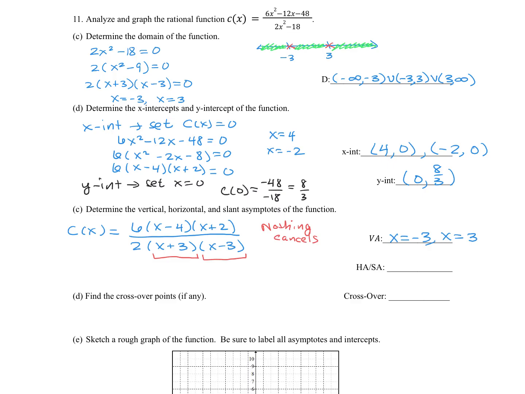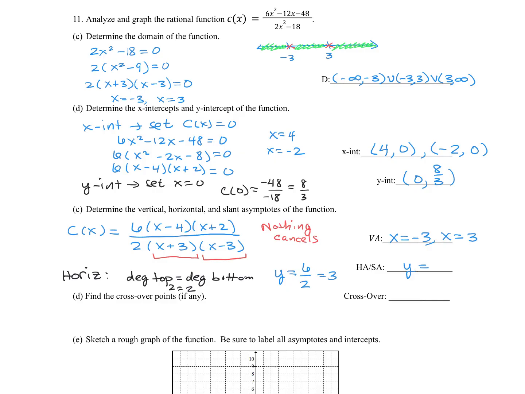Next up, let's do the horizontal. That comes from comparing degrees. The degree of the top, you notice, equals the degree of the bottom. They're both second degree polynomials. So I'm going to take the ratio, which is y is equal to the coefficient on the top is 6, coefficient on the bottom is 2, and of course that's 3.